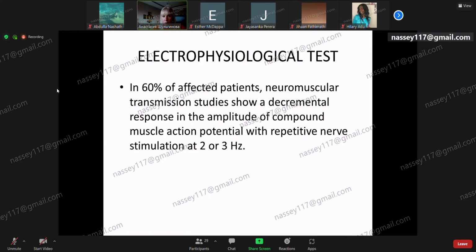In each block, every second will be repetitive stimulation of 2 or 3 Hz. In the first block, the motor answers will be normal. After that, they decrease, then decrease much more, and then stop. This means decremental response in the amplitude with the repetitive stimulation of the nerve. The first answer is normal, after that we see pathological muscle weakness.